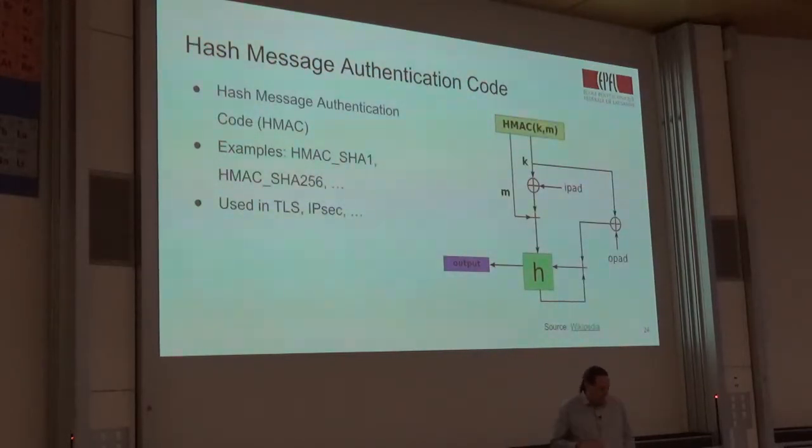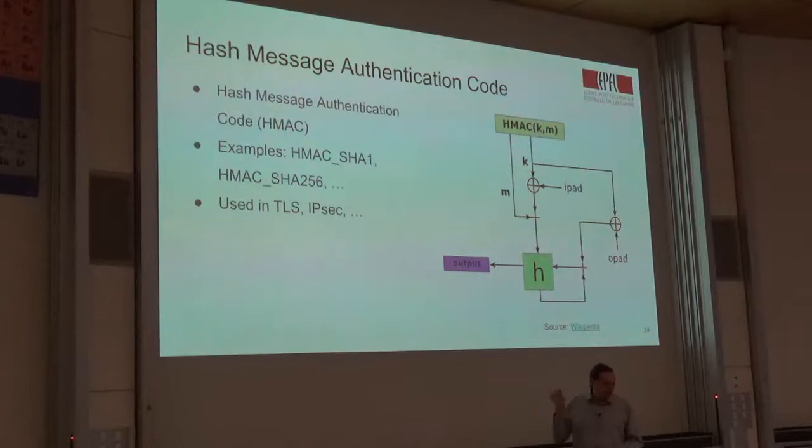But in general, we want a cryptographic abstraction for a keyed hash function that takes a separate key and a message and produces a message authentication code that depends on both the key and the message.